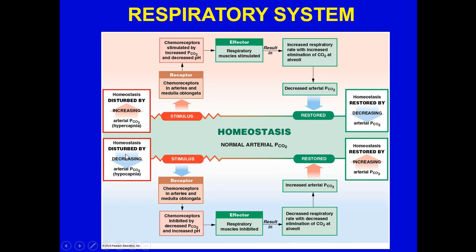If we had the opposite, to re-establish normal arterial PCO2, and we had hypocapnia, then what we would do is have inhibition. The information would be passed on from the chemoreceptors, respiratory muscles would be inhibited, and you have the decreased respiratory rate with the decreased elimination of CO2 until you achieve a more stabilized amount of CO2 in the arterial blood.